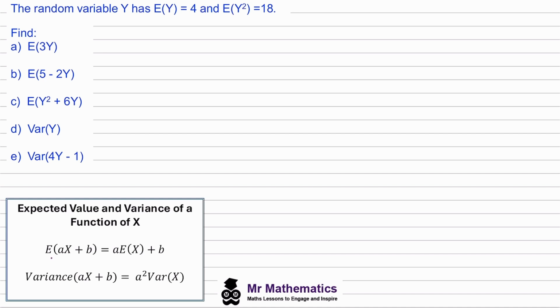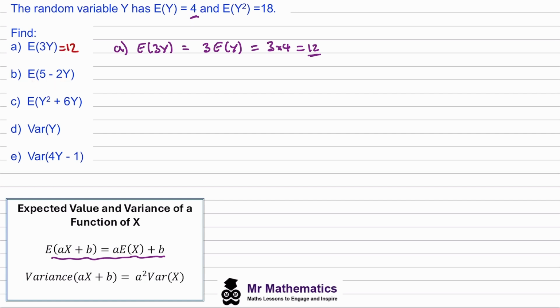So if we begin with using this equation, the expected value of 3y will be exactly the same as 3 multiplied by the expected value of y. So this will be, using this 4, 3 times 4 will give us a 12.